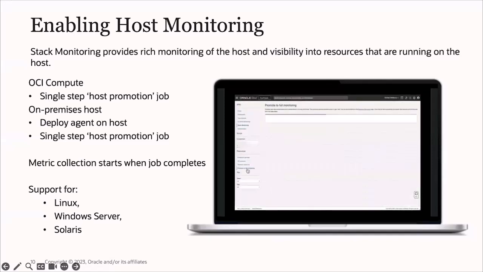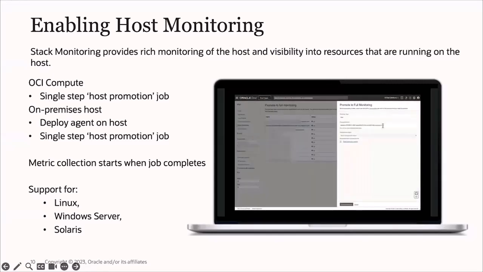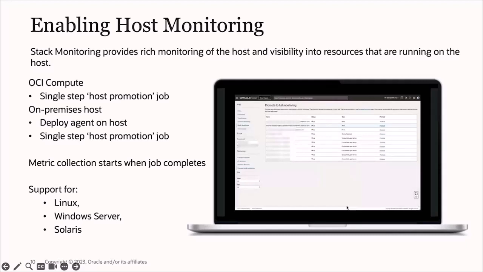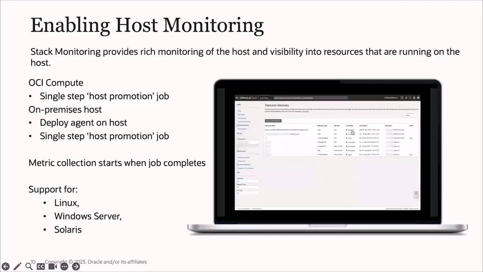So you simply navigate over to Stack Monitoring, find the host you wish to promote, click the button, verify the host name looks correct, add any OCI tag that you might have, because Stack Monitoring is able to filter and sort by OCI tags. So from there, you verify the name, give it an OCI tag like production or a sandbox server or whatever it is, and hit promote. And that's all it takes.